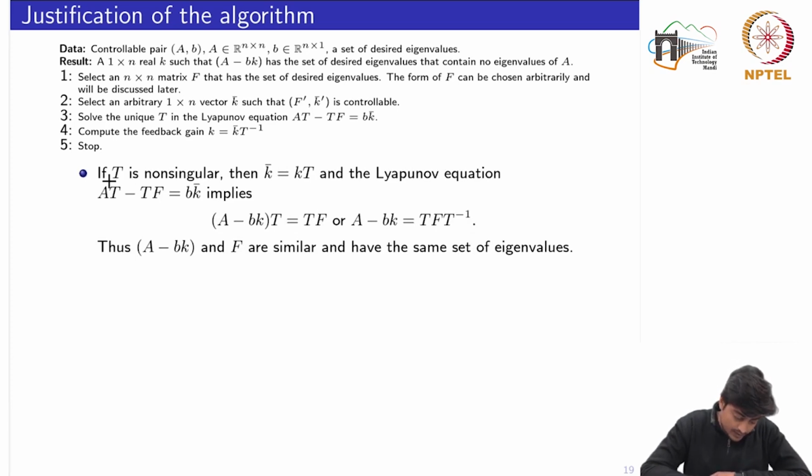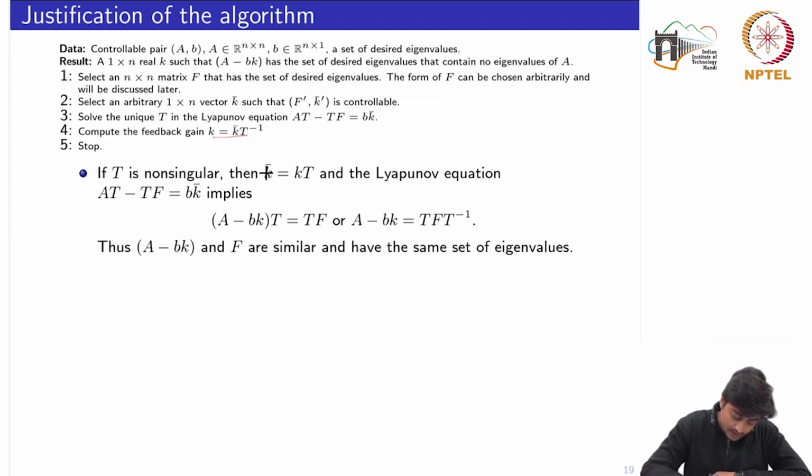The first point is that if the matrix T is non-singular, then I can write k bar is equal to k into T, and the Lyapunov equation can be replaced, in which k bar can be replaced by kT.